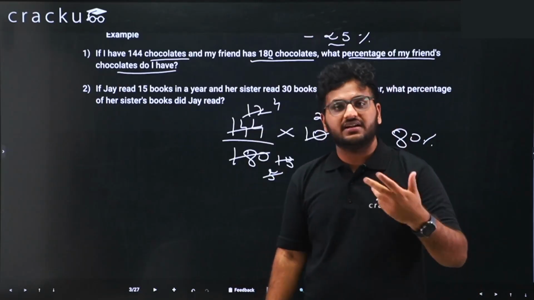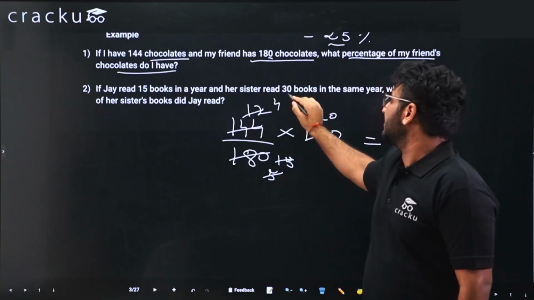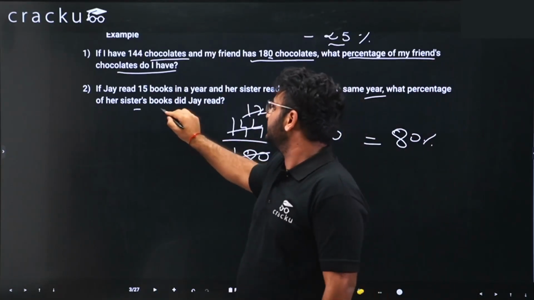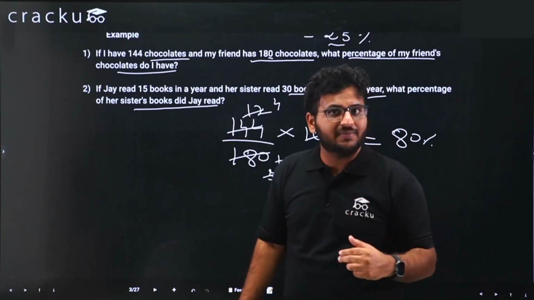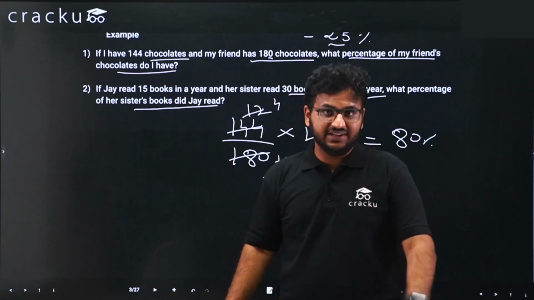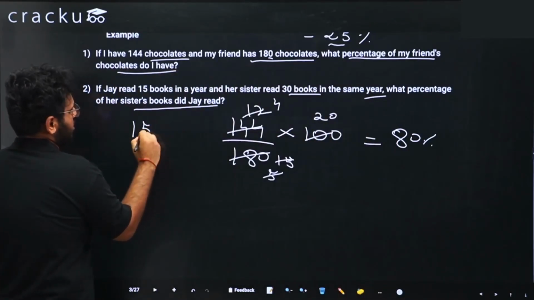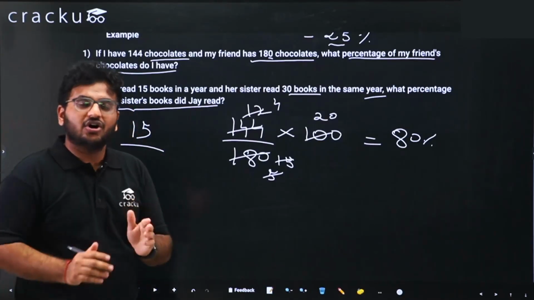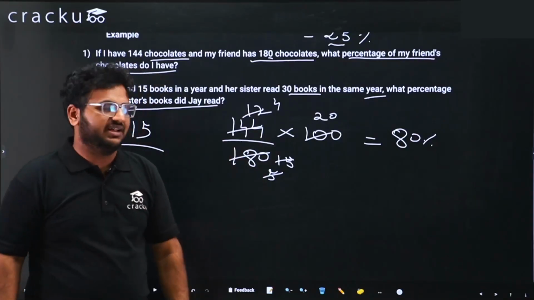Now let us see another example. If Joy reads 15 books in a year and her sister reads 30 books in the same year, what percentage of her sister's books did Joy read? We know percentage is part divided by whole into 100. The part is 15, since Joy reads 15 books. Usually what comes after "of" goes in the denominator.